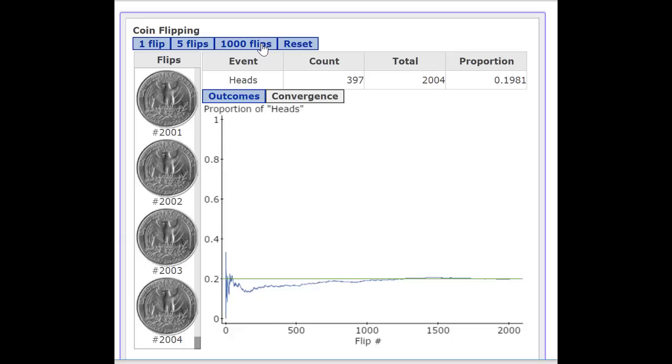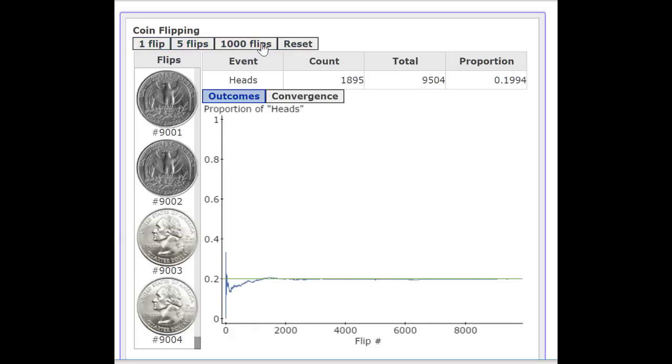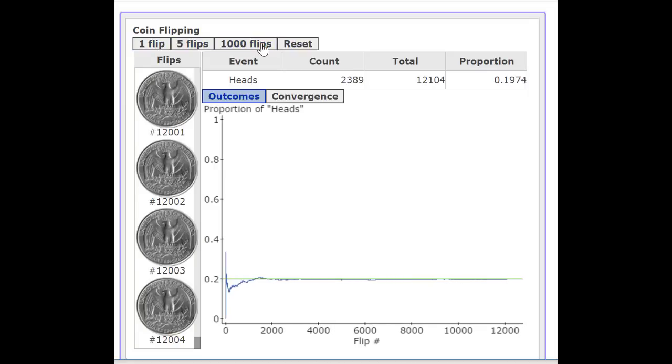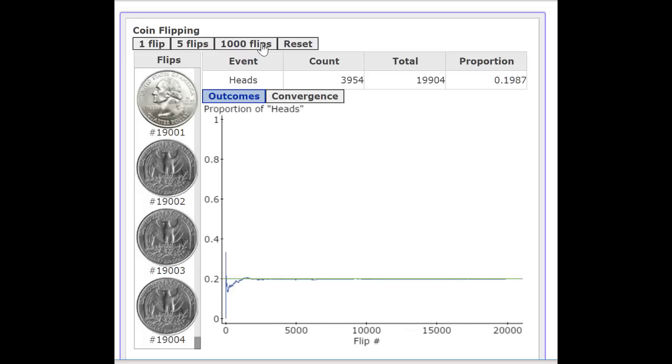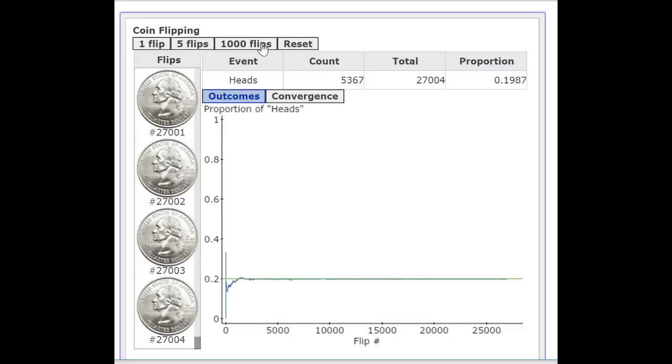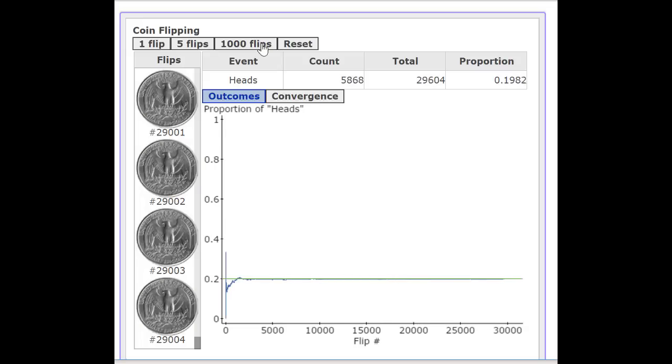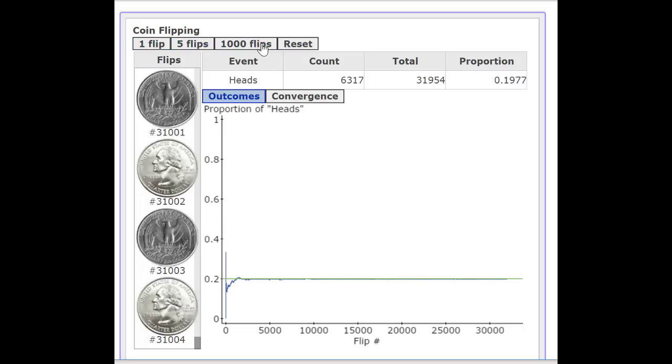Okay, so if we keep flipping it, we see we get infinitely close to 20%. Right? So the law of large numbers, again, in the long run, with many trials, many flippings, here we have 24,000, 25,000 flips. We're getting really close, infinitely close to the 20% that this should be.